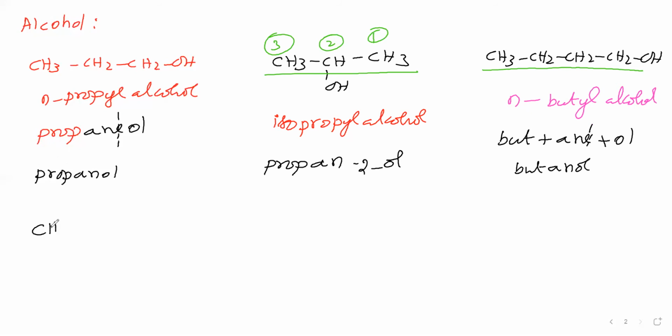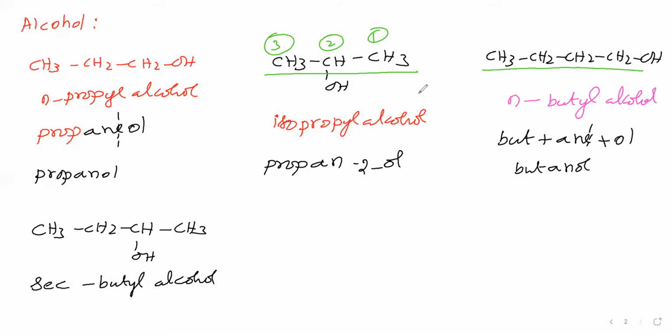Next we will take CH3, CH2, CHOH, CH3. Here, for the common name, the carbon to which this OH group is attached is secondary. Why is it secondary? Because this carbon is directly linked to 2 other carbons. Therefore, this carbon which has the OH group is a secondary carbon, and so it is called a secondary alcohol. Here 4 carbon atoms are present, therefore butyl: secondary butyl alcohol.